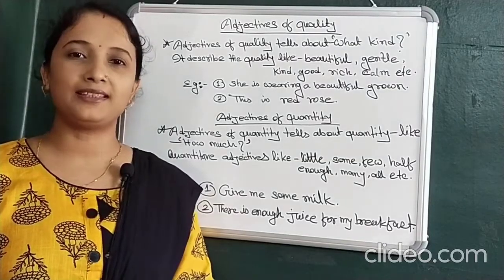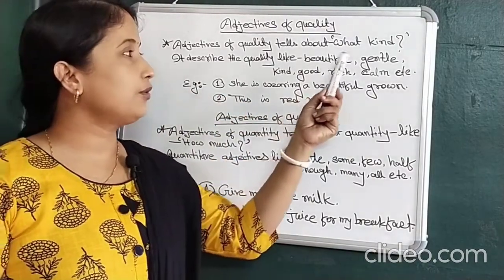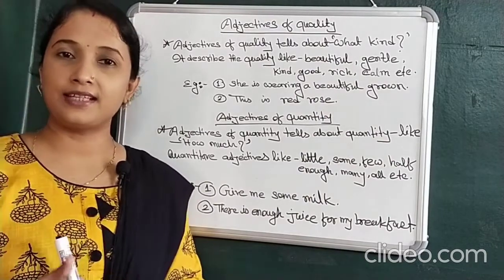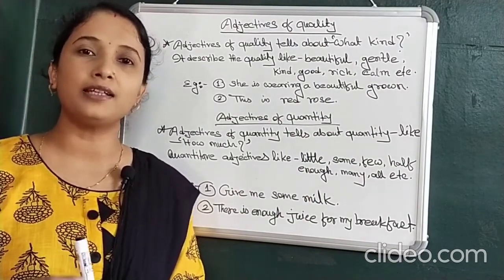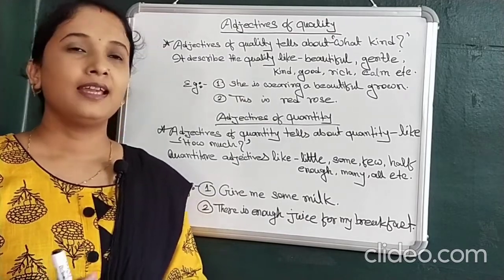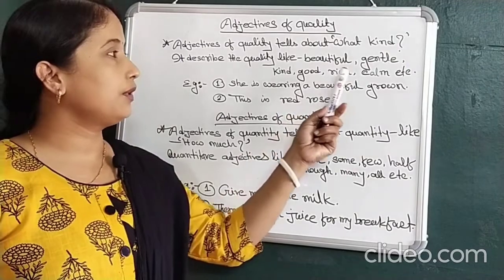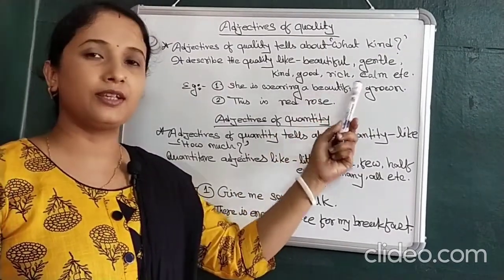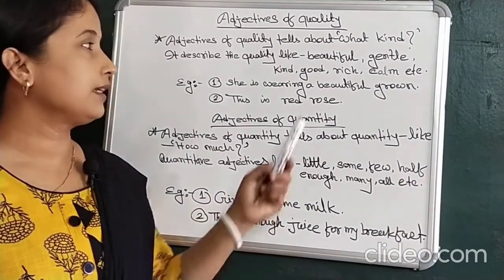Adjectives of quality. Adjectives of quality tell about what kind. So it gives the answer of what kind of. It describes the quality, like beautiful, gentle, kind, good, rich, calm, etc. Which are adjectives of quality?